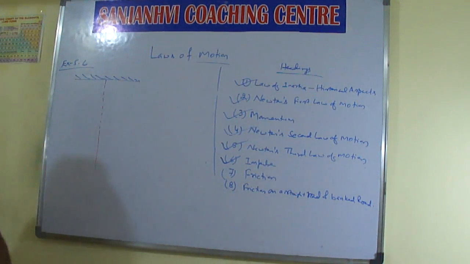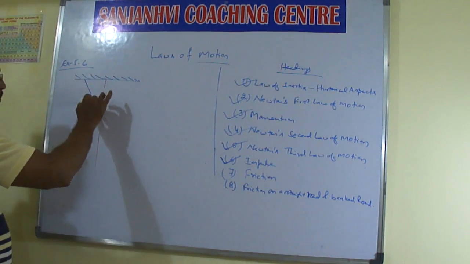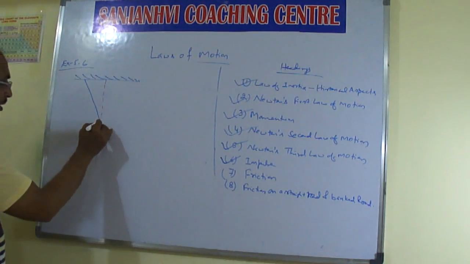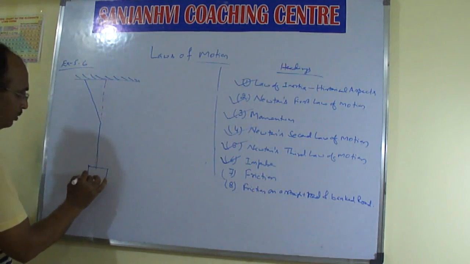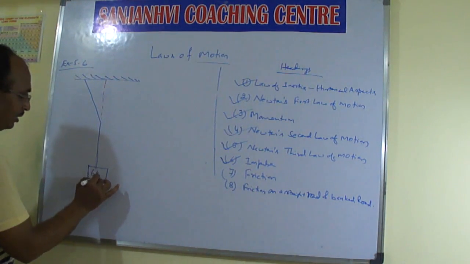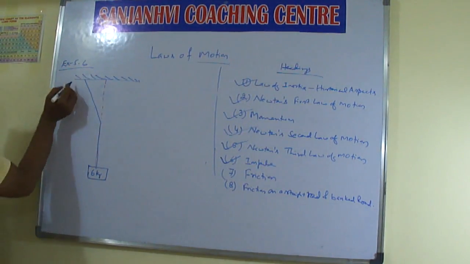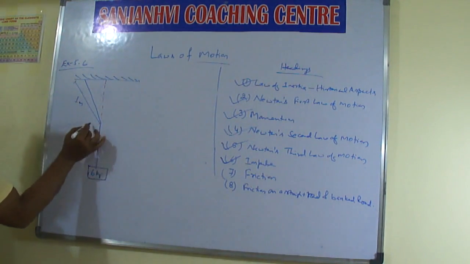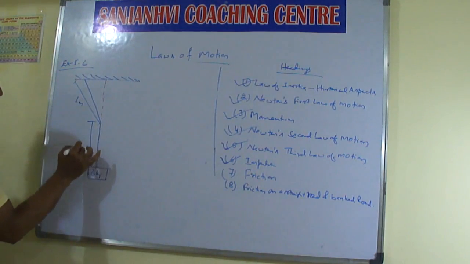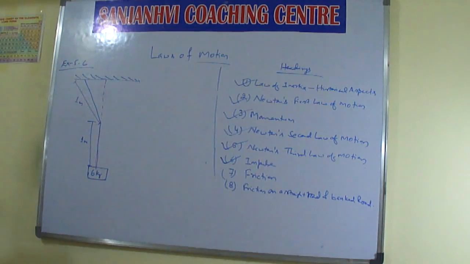A mass of 6 kg is suspended by a rope of length 2 meters from the ceiling. So this length is given to us as 1 meter and this length is given to us as 1 meter. Total length is 2 meters.